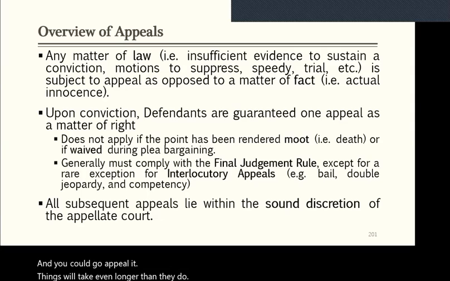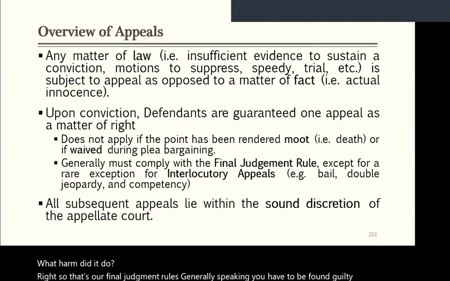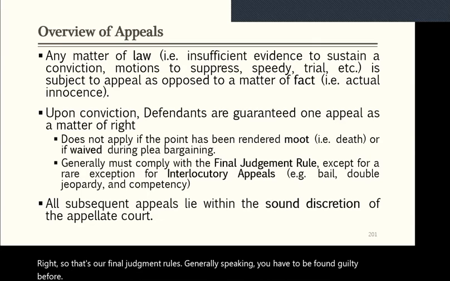But also, let's say that judge allowed that gun to come in that should have never come in, and you're found not guilty. What harm did it do? Right? So that's our final judgment rule. Generally speaking, you have to be found guilty before you can then appeal.